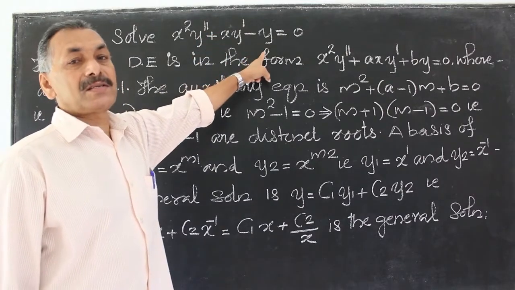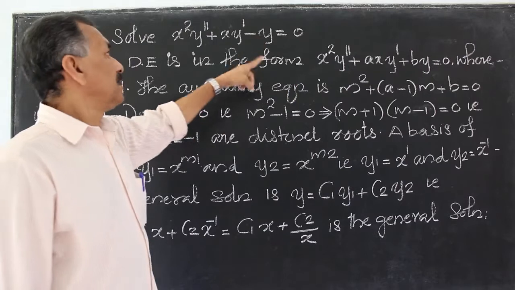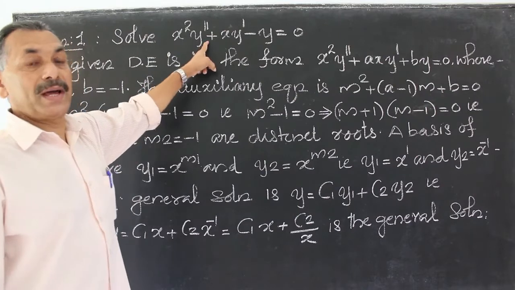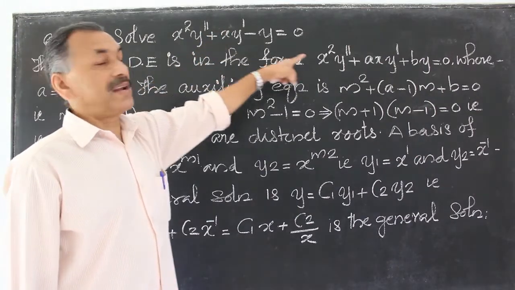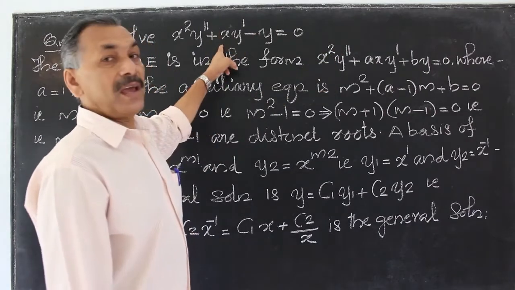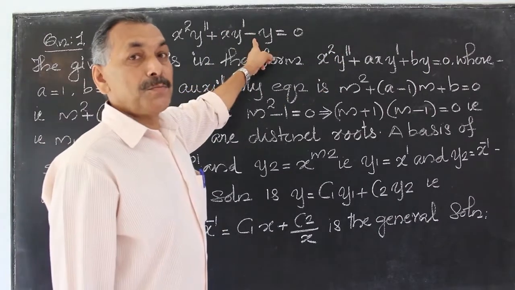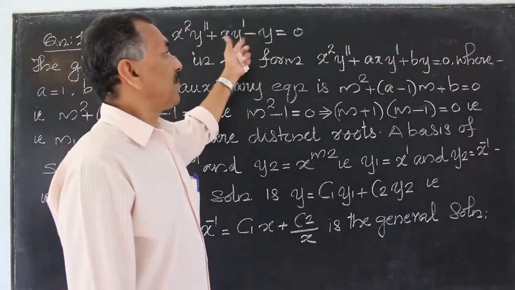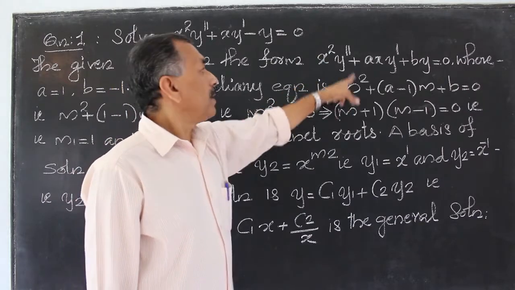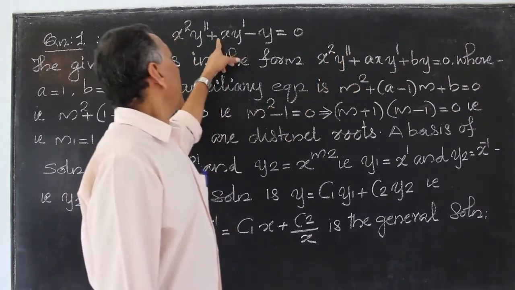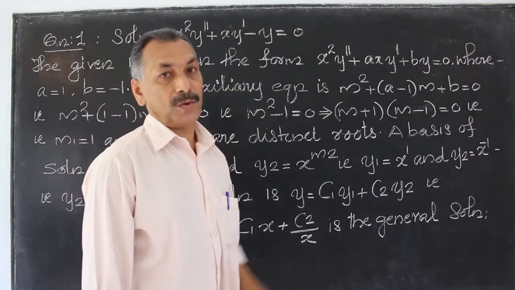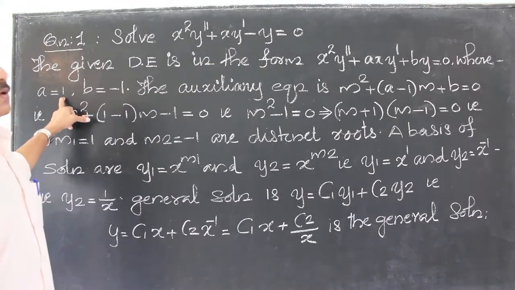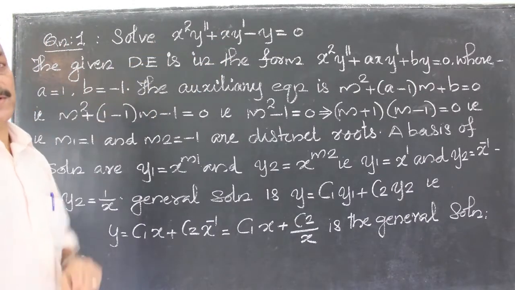The given differential equation, a second order differential equation, is in the form x square y2 dash plus axy dash plus by is equal to 0, where a is equal to 1 and b is equal to minus 1.